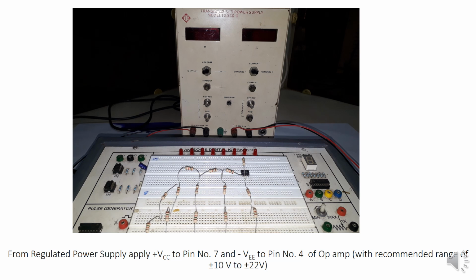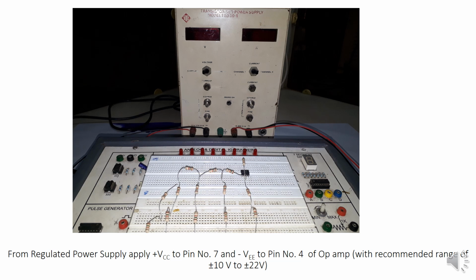The range of voltages can vary between 5 volts to 22 volts for an op-amp, ideally. But for regular and smooth operation, we will use plus or minus 10 volts to plus or minus 22 volts. This is as per the data sheets provided by Texas Instruments.